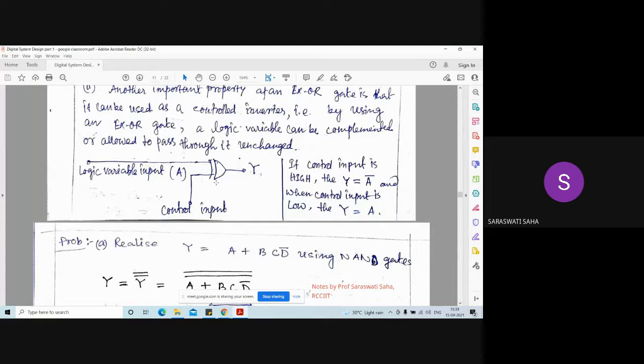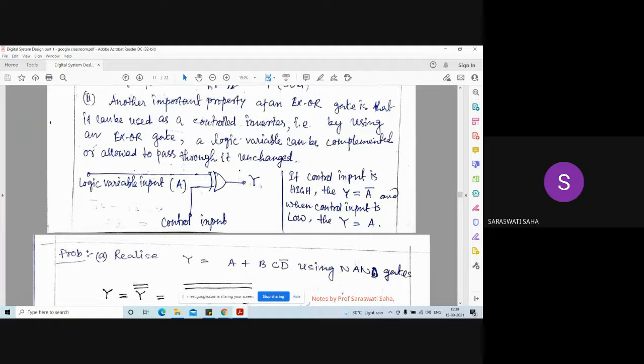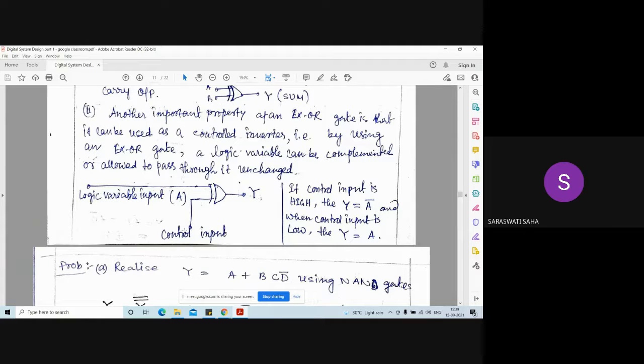XOR gate, from the truth table, if you see one input, the control input, if we put the control input at 0, what will be the output here? Suppose it is a 2 input XOR gate and we call this input a control input and put it at 0 voltage level.